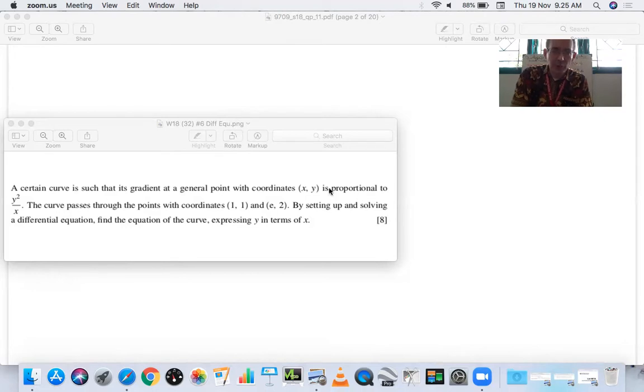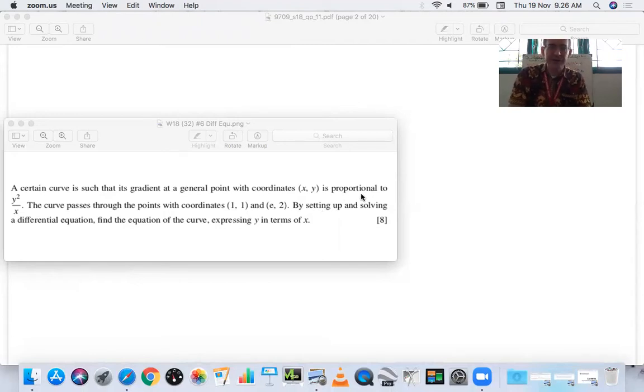But this proportional means you need to provide the proportionality constant, and I use the letter K. Notice you do not see a K in this part over here. This y squared over x is the part they have given to you, but this proportional is the proportionality constant.